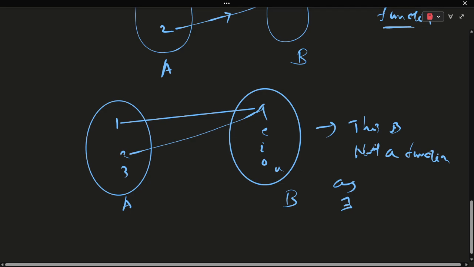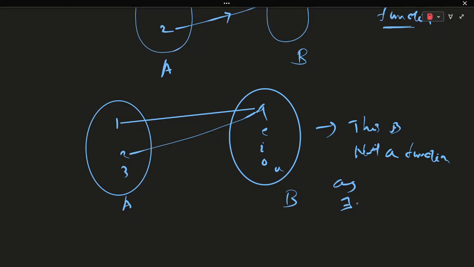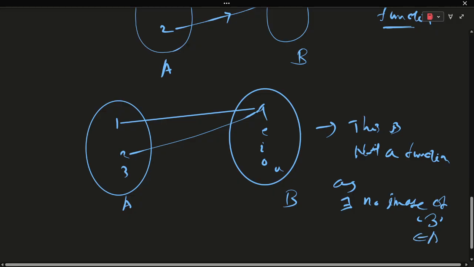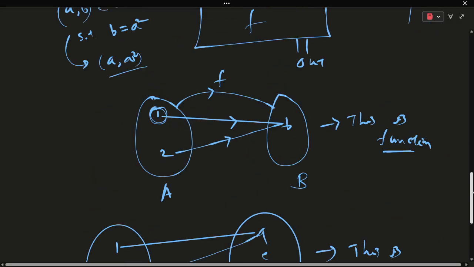There is no image of 3 that belongs to A. Okay, there is no image of 3. This violates the definition of function, right? What is the definition of function?